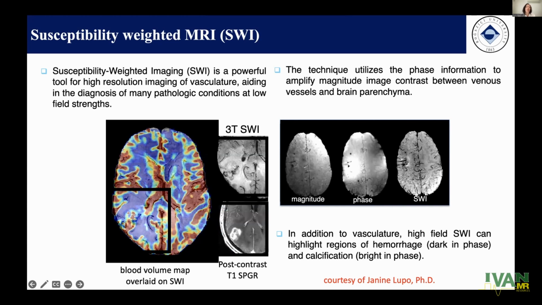We could also do minimum intensity projection of multiple slices, which shows a nicer view of the vasculature with a thicker slice. And in addition to the vasculature, our SWI images can highlight regions of hemorrhage, which appears dark in phase, and calcifications, which appears bright in phase. But I should note that this can be reversed based on the MR system that you use.